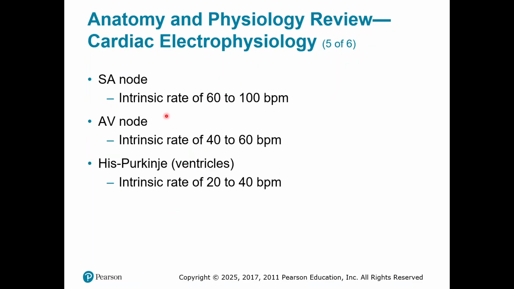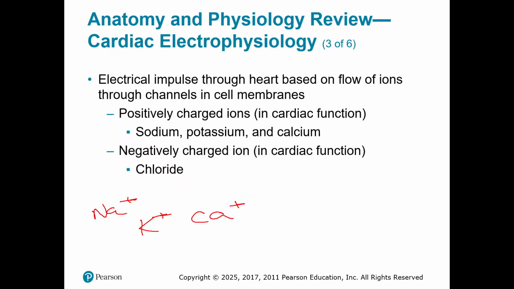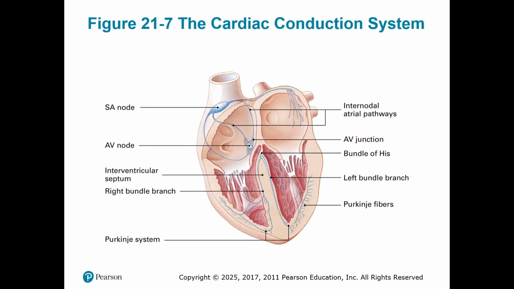So the SA node, we call it the pacemaker of the heart. When it's working, we should see a rate somewhere between 60 and 100 beats per minute. Now, if something happens to the SA node for some reason, the SA node doesn't fire, the backup system here called the AV node will fire, right?